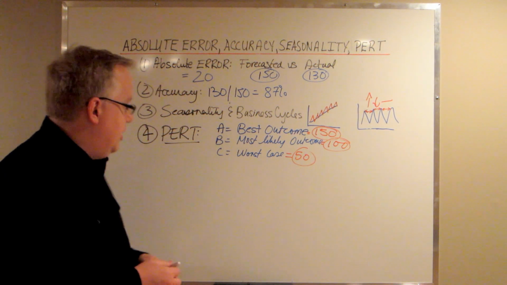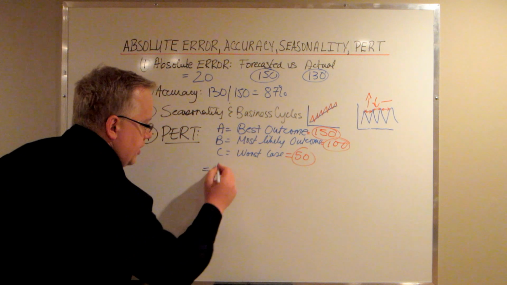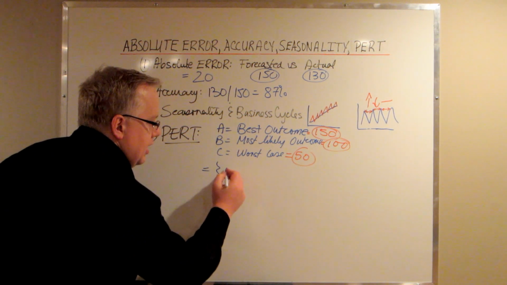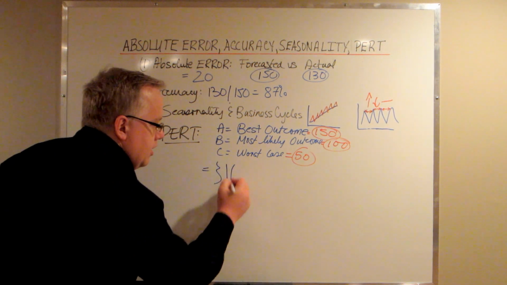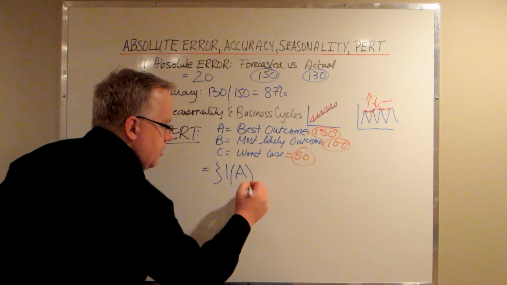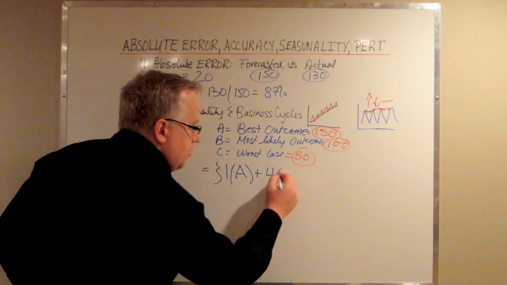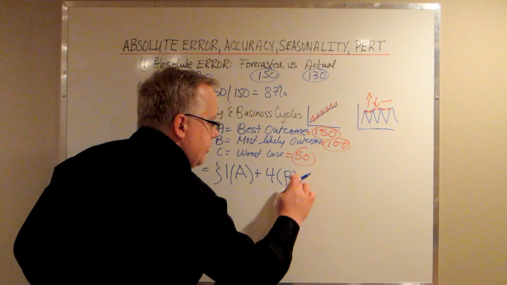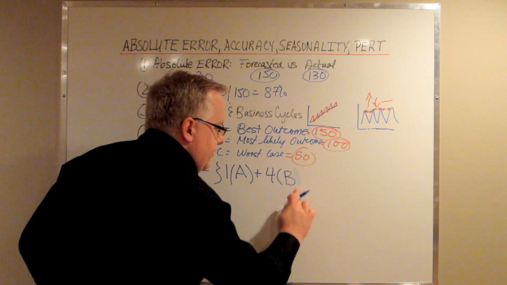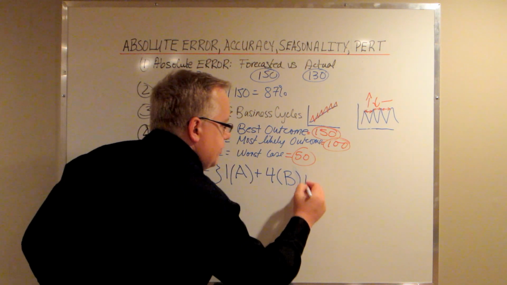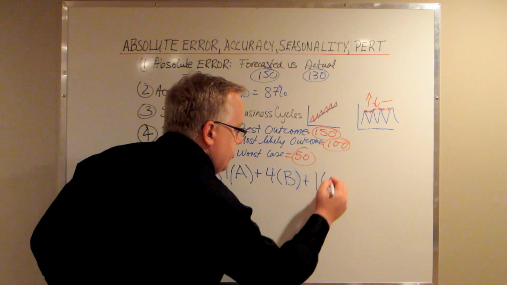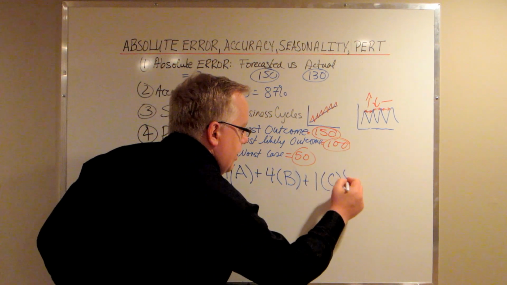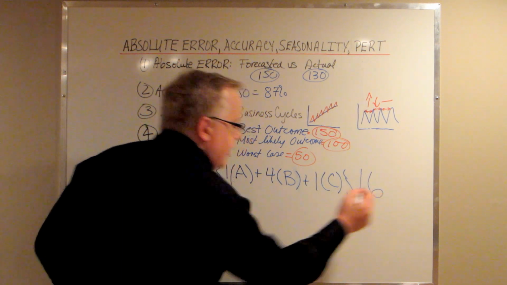Now here's the calculation for PERT, and it's very simple. What PERT says is I'm going to take 1 multiplied by A plus 4 multiplied by B, plus 1 multiplied by C, and then I'm going to divide all of this by 6.